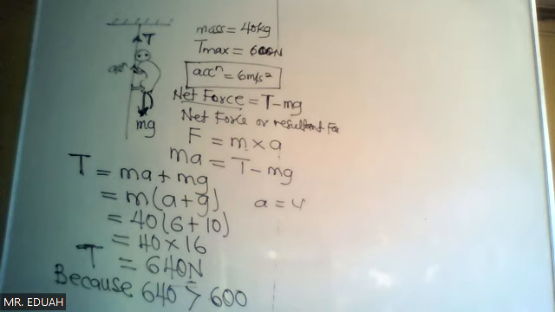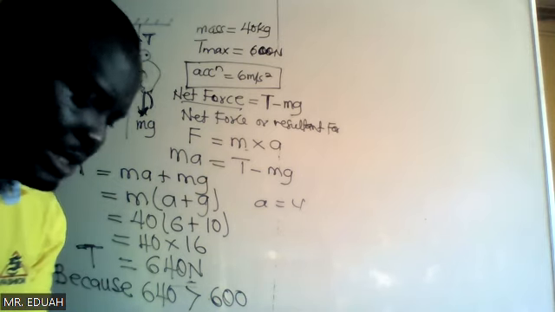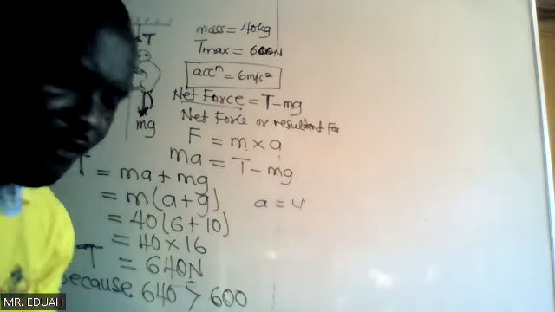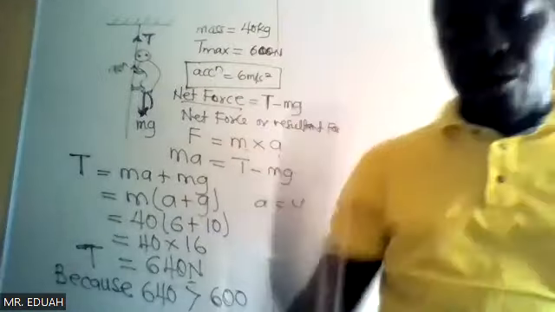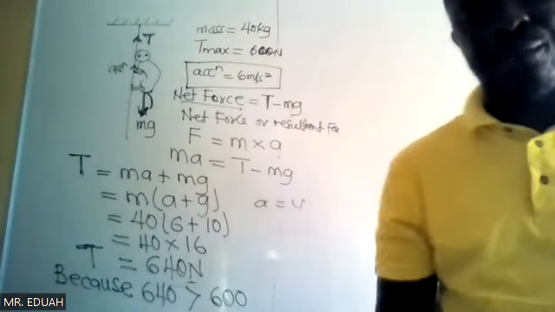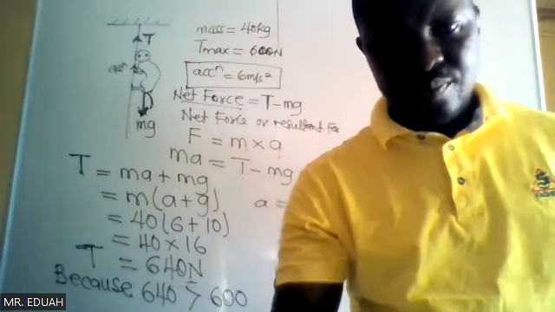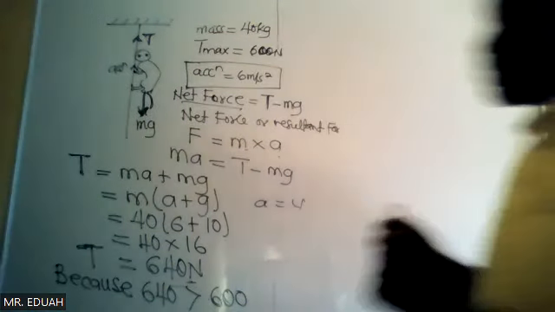Now I want you to look at what happens if the monkey climbs down with an acceleration of 4 meters per second squared. Because of time, let me quickly do it.